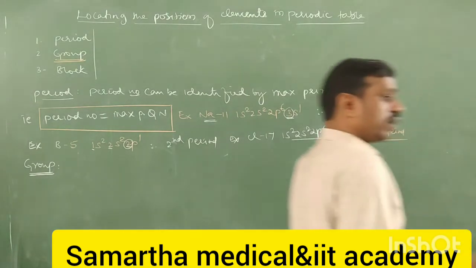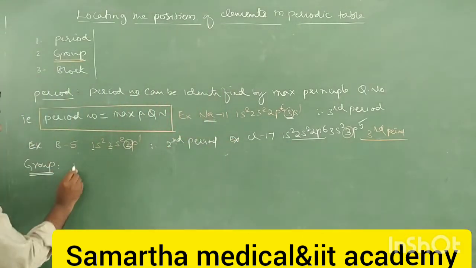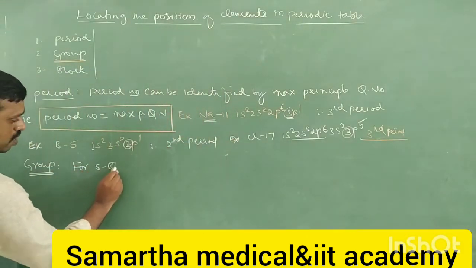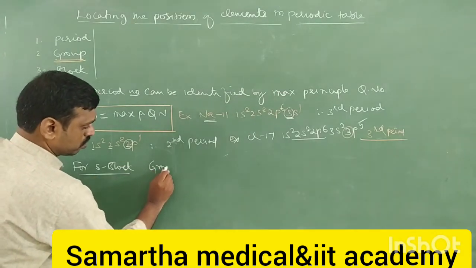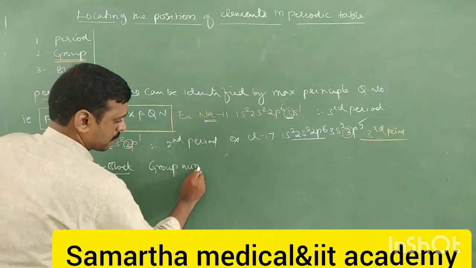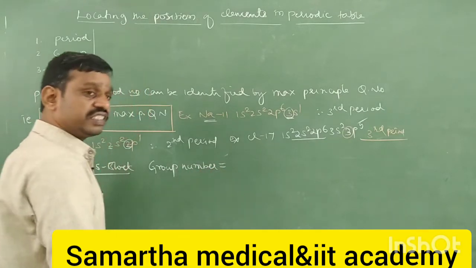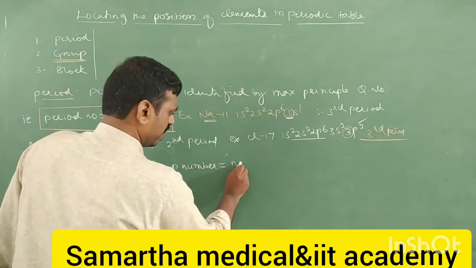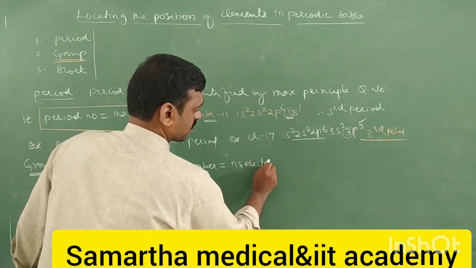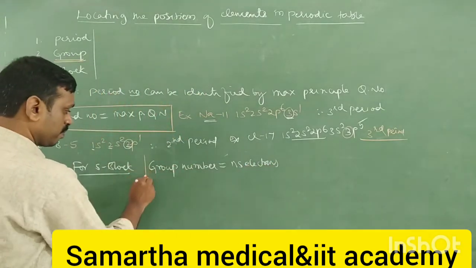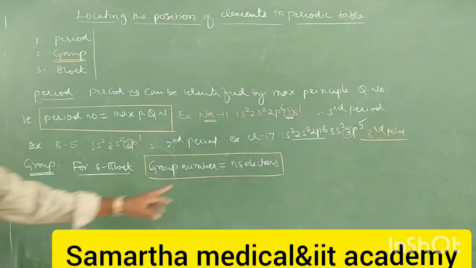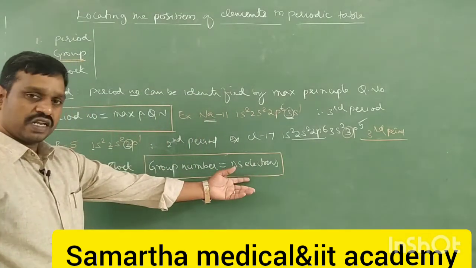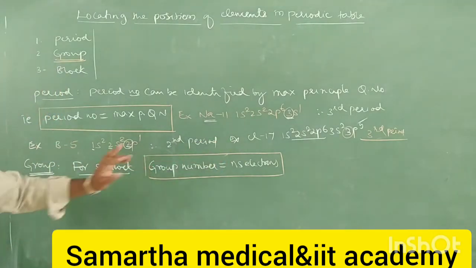For example, for an s block element, group number equals the valence electrons, nothing but the ns electrons. So the number of ns electrons, which is the valence electrons, gives the group number for an s block element.